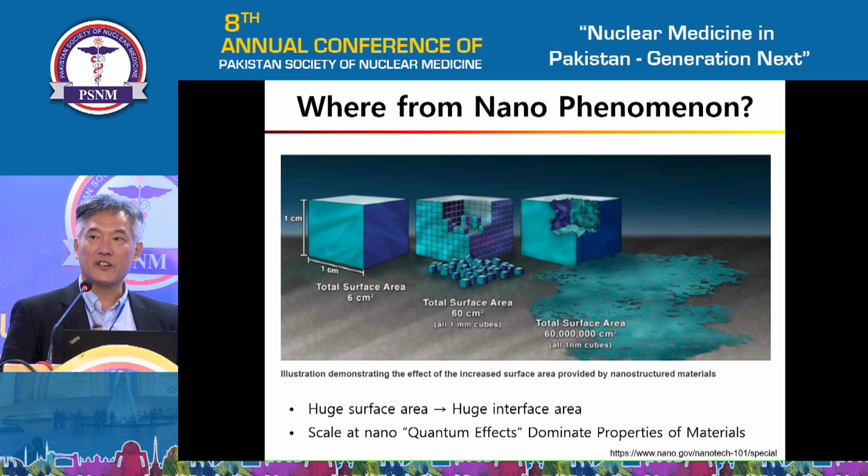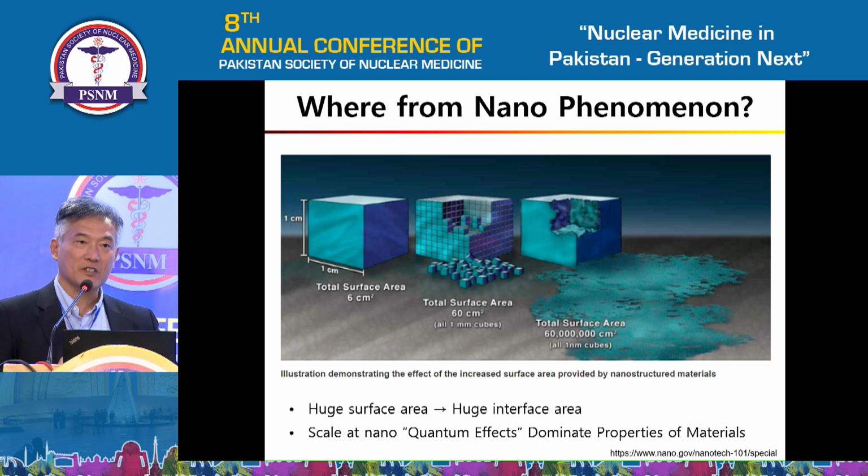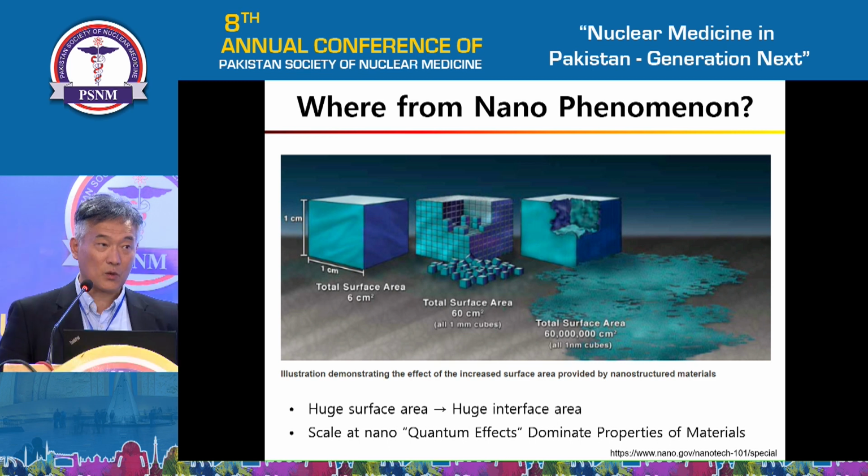So high surface area can produce some kinds of different properties of that material. So we think that there is some kind of quantum effect dominating in that kind of small size particle.